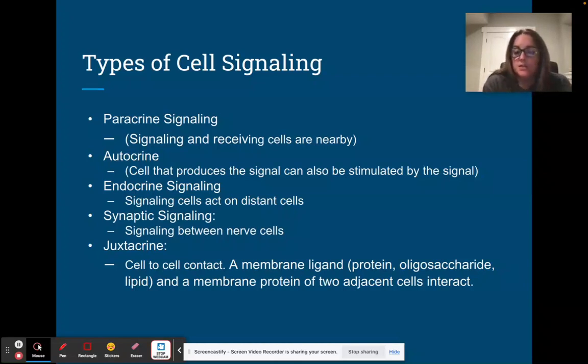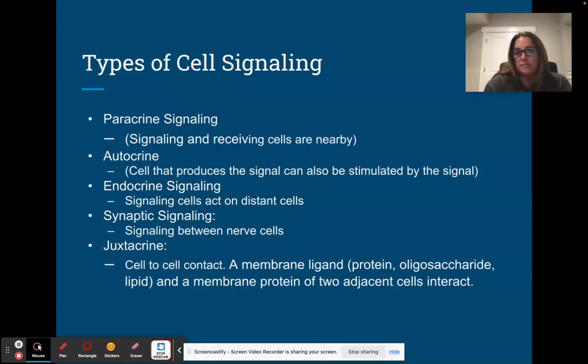Endocrine signaling is the process of a gland or some organ producing a hormone or a molecule that then travels through the bloodstream or a long distance to then interact with a cell in another location. Synaptic signaling is also a long distance type of signaling, but this happens between nerve cells.